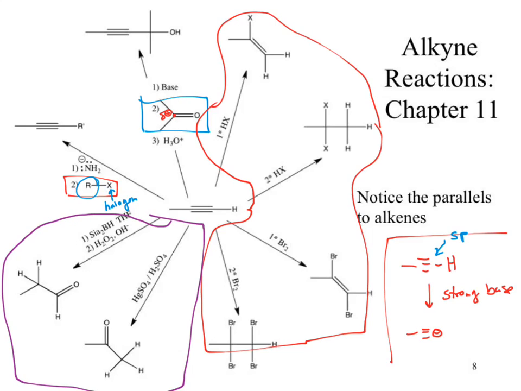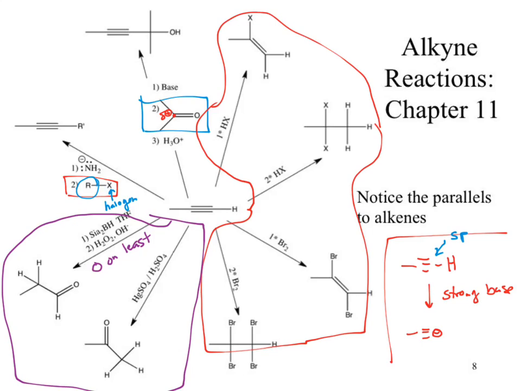We put an oxygen where? On the most or least substituted position. With the boron, it went on to the least substitution. So we added hydrogen and an OH across the double bond where the oxygen went on the least substituted position in the anti-Markovnikov fashion. Okay?